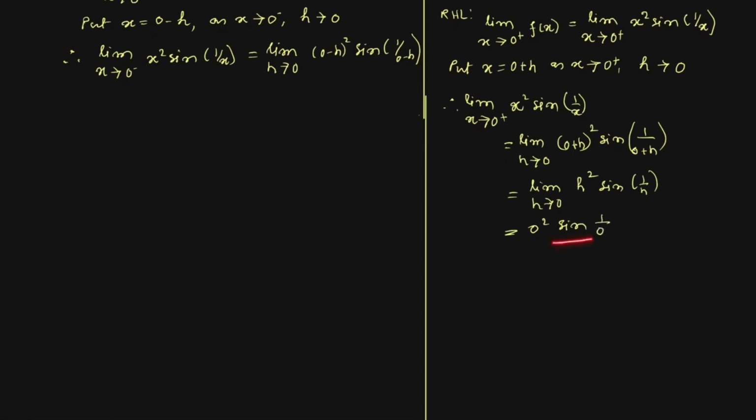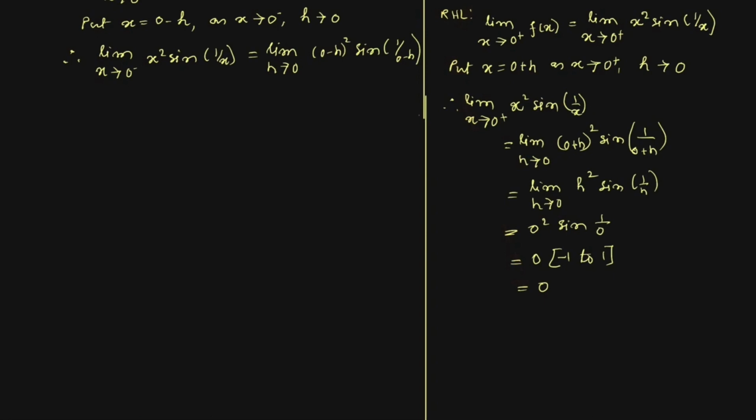So we know that the value of sine 1 by 0 lies between minus 1 to 1. So this we are able to write as 0 into minus 1 to 1. So this is obviously 0. Therefore the right-handed limit is also equal to 0.